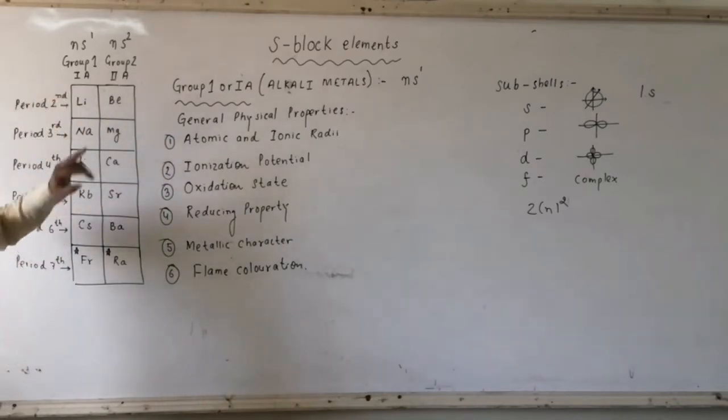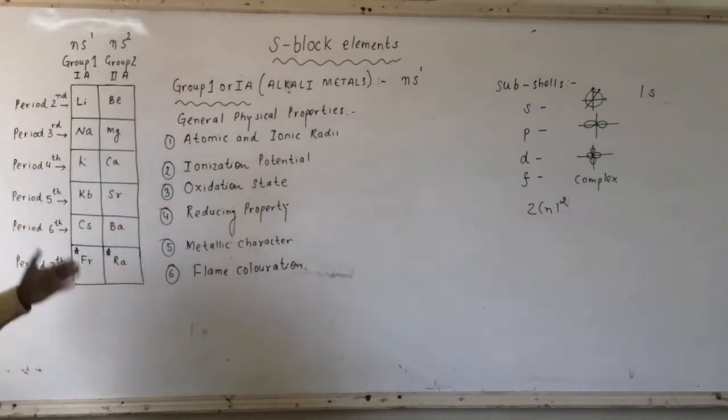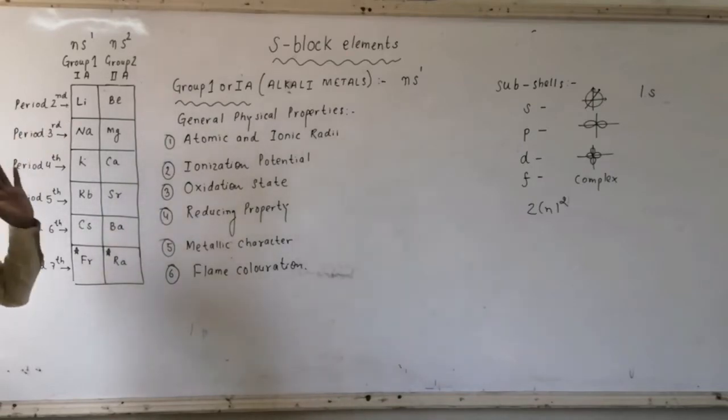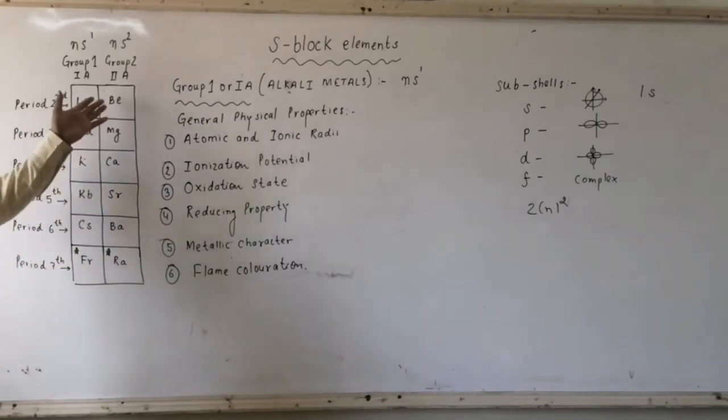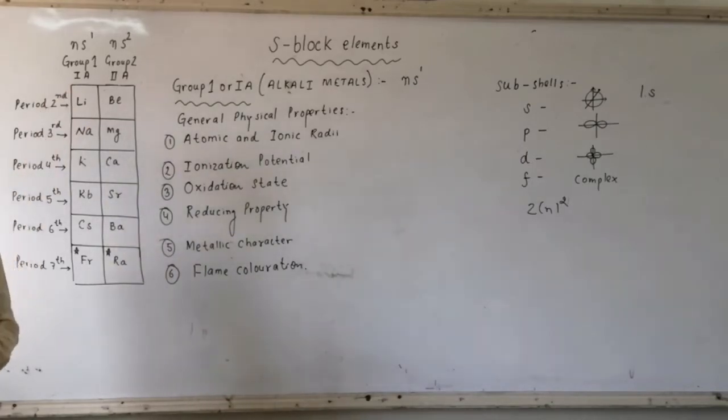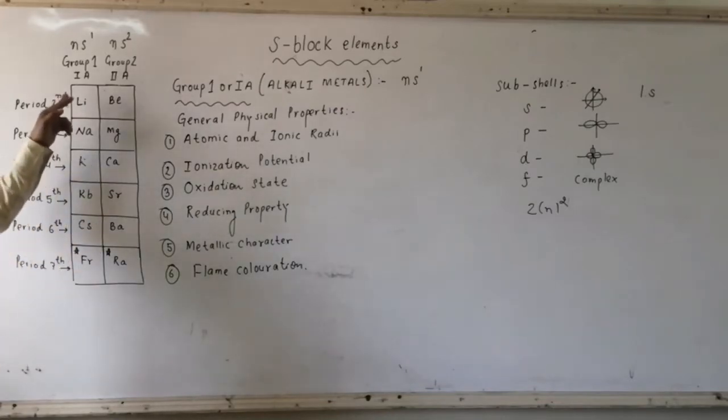In the valence shell of group 1 or first A, we have 1 valence electron, and in group 2 or second A, we have 2 valence electrons, present in the s subshell.